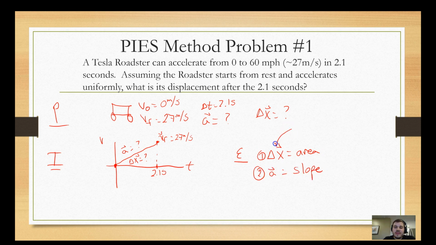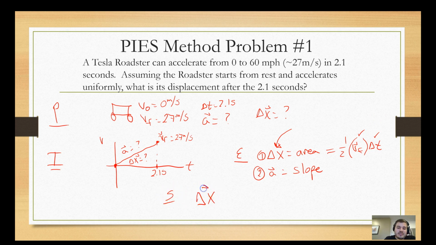Our goal is to find the displacement, so that's what we'll start with. The area, this is a triangle, so it's 1/2 the height, which is v final, times the base, which is the change in time. And you ask yourself, do you know these things? Do you know v final? We do. Do you know the time? We do. So the displacement then, this is when we solve.